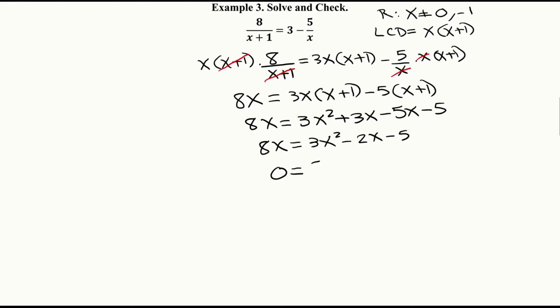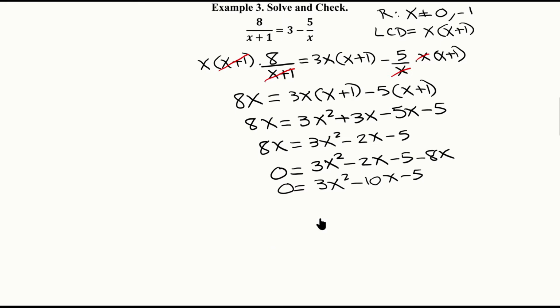So on this side we have 3x squared minus 2x minus 5 minus 8x. Subtracting 8x from both sides, we end up with 0 equals 3x squared minus 10x minus 5.